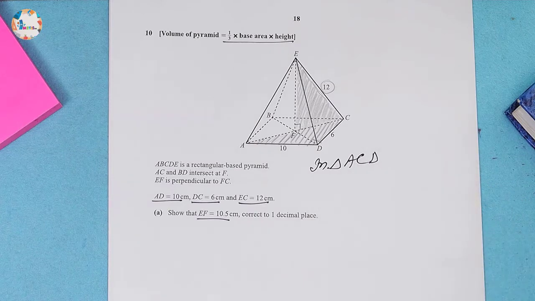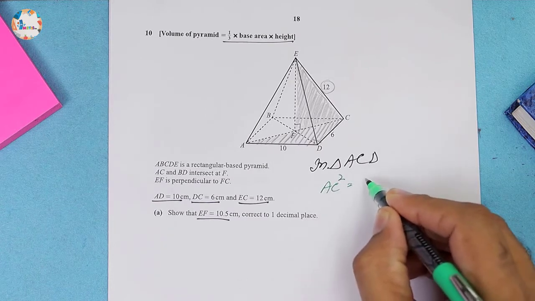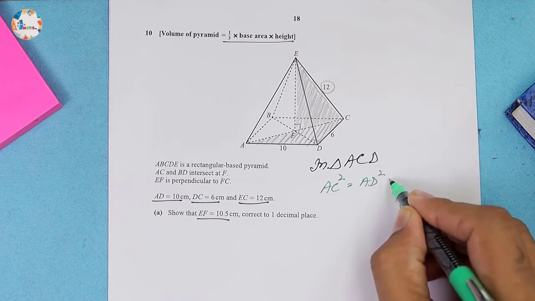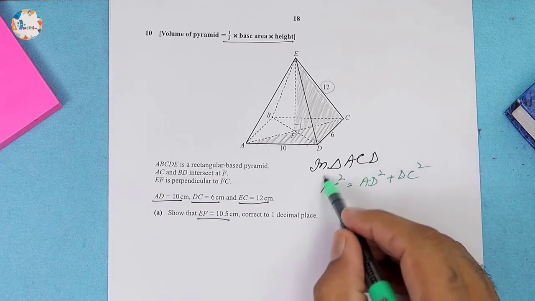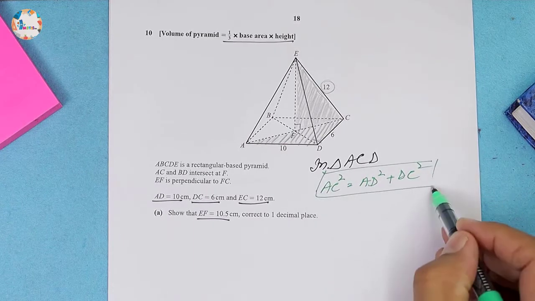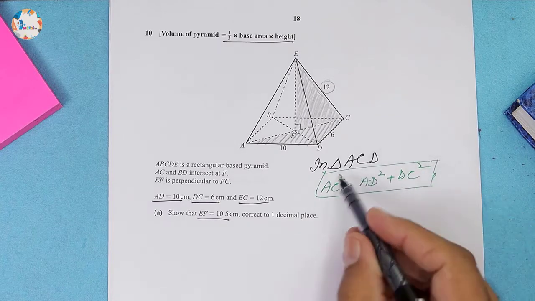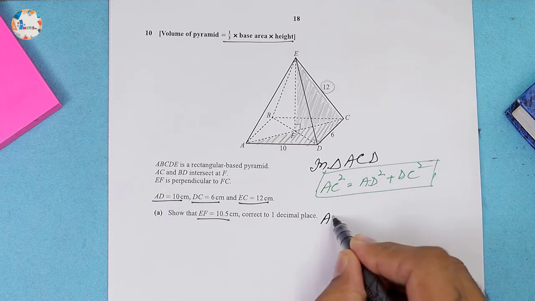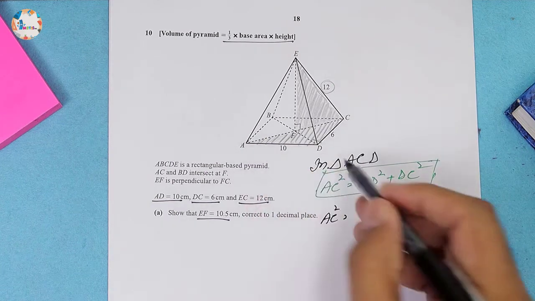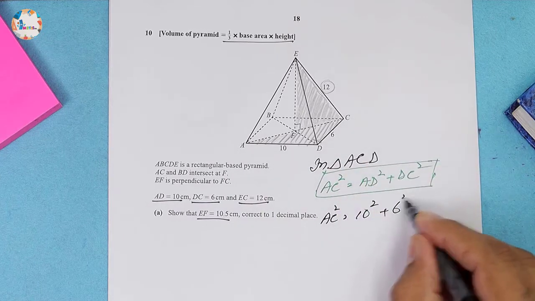So in triangle ACD, we can apply Pythagoras theorem. AC squared will be equal to AD squared plus DC squared. Replacing values, AC squared is equal to AD, which is 10, so 10 squared, plus DC, which is 6, so 6 squared.